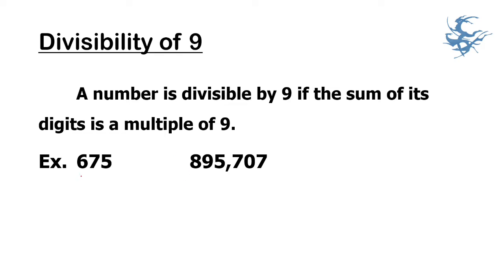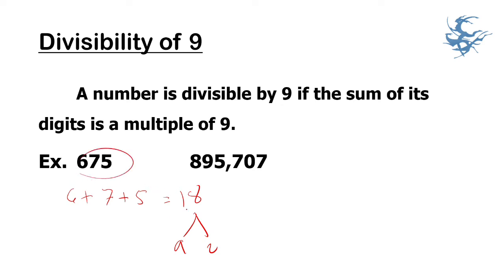Dito lang, if yung sum ng digits is a multiple of 9, then the whole number is divisible by 9. Okay? So, with our first example, we're just gonna add 6 plus 7 plus 5. 6 plus 7, 13, plus 5, 18. And 18 is just 9 times 2. Therefore, the whole number is divisible by 9.